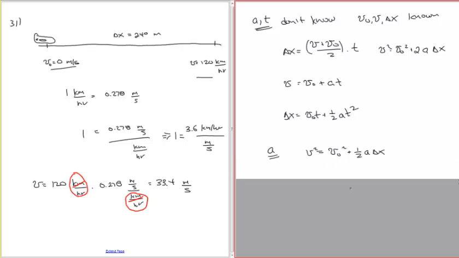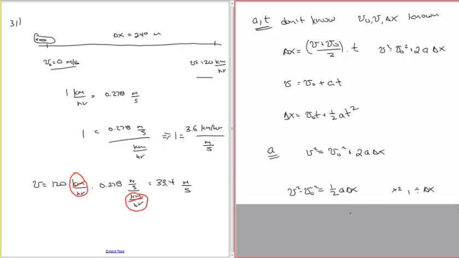So if we do that, and we correct my error here, if we subtract v0 squared from both sides, we get that. And so what we're going to do is divide by 2 delta x.